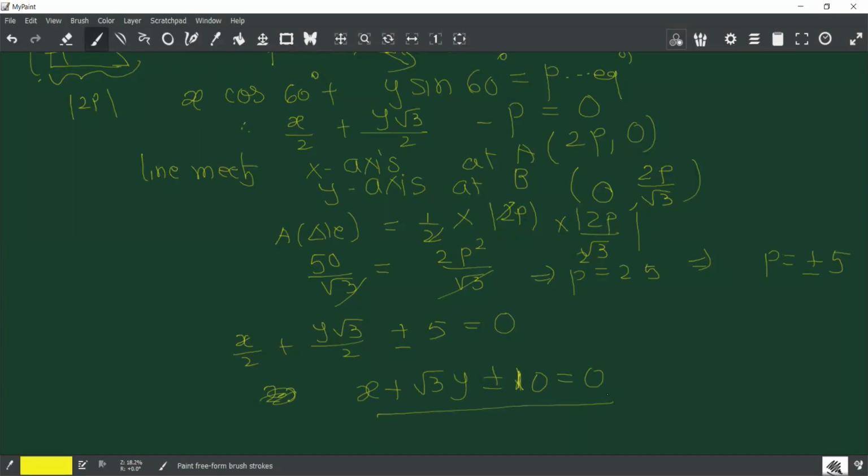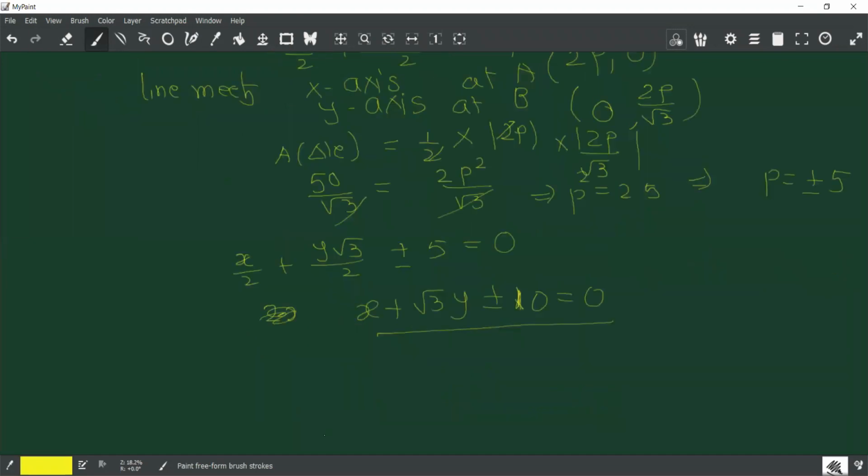Yeah, p is the length. That's right. But see, p is the length, but I'm not taking the value of p. You understand that p is the length of the perpendicular. You're right. That's why I'm taking mod, because what if it cuts? It can go in the fourth quadrant also.